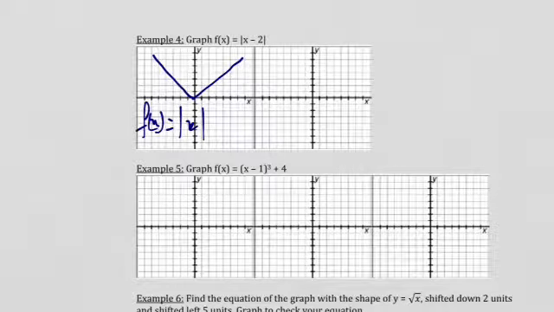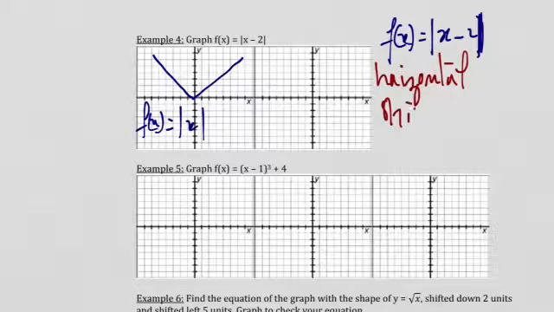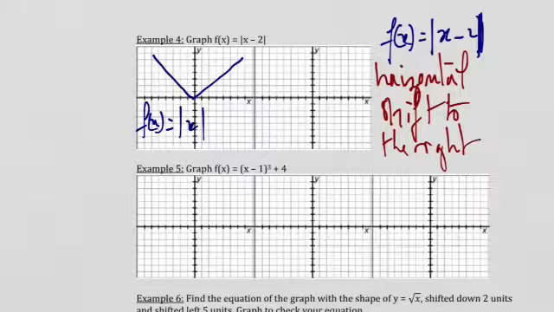Because I'm looking at f of x equal absolute value of x minus 2, I know I'm going to have a horizontal shift, and because it's negative 2, it will be to the right, by 2 units.